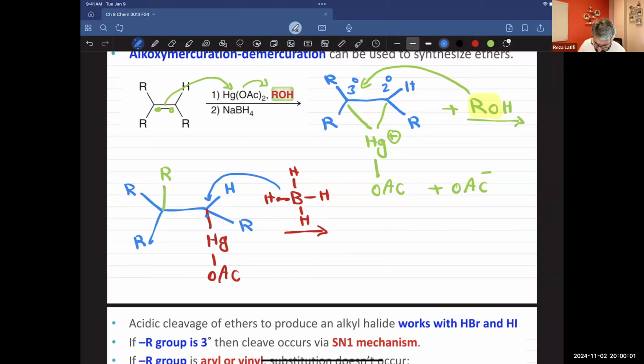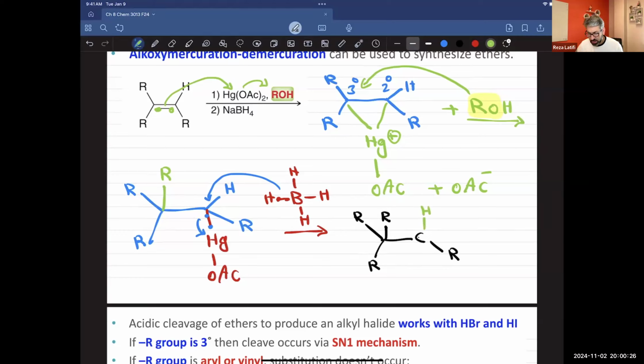So mercury, technically, will take those 2 electrons and leave the system. And so what do I get at the end? I get this. I will have 3 carbons attached to the carbon on the left side, and this carbon, we will have R, and we got hydrogen here.